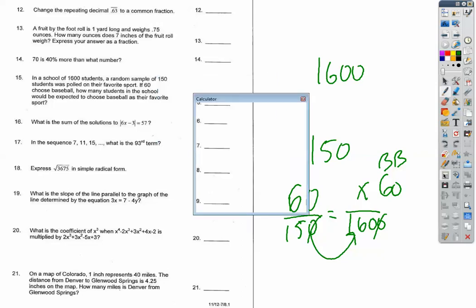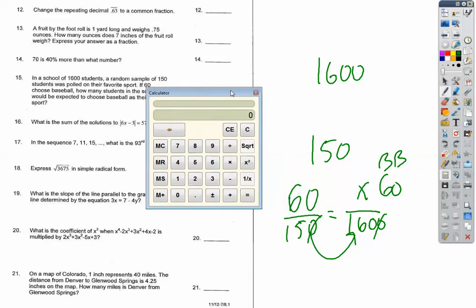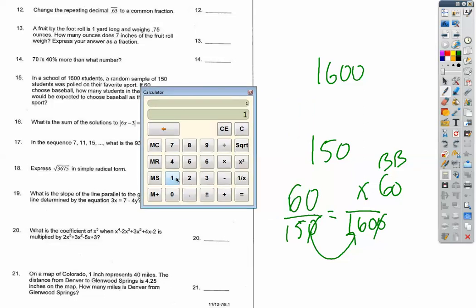Oops, that's not what I want. So clear that off again. Let's double check. 600 divided by 15. Okay, same thing. All right, so I guess that's what it is. So there's got to be an easier way of doing this. Oh well, let's just stick with it.